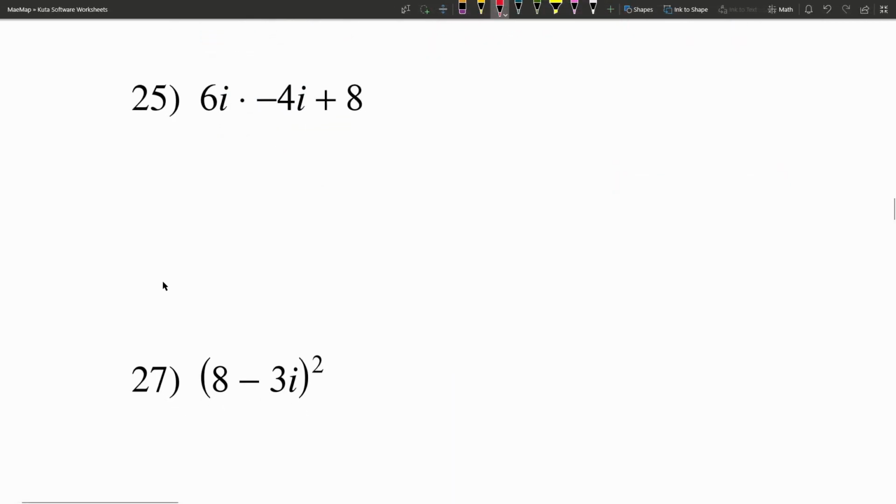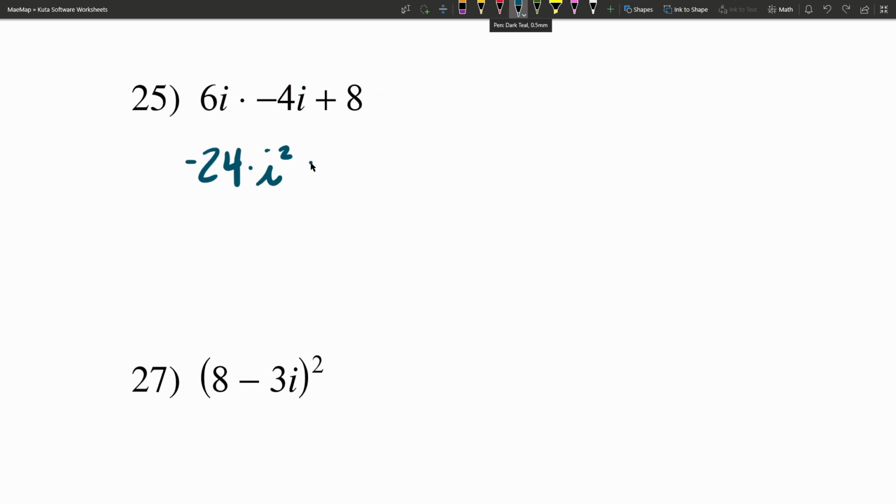For number 25, we're multiplying 6i with -4i plus 8. If there was parentheses around -4i plus 8, I would have to distribute this 6i, but there's not, so we can just work with that multiplication at the start. 6 times -4 is -24, and that gets multiplied by i times i, which is i squared.